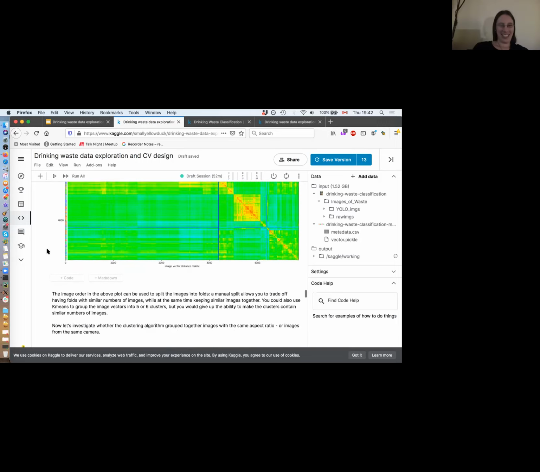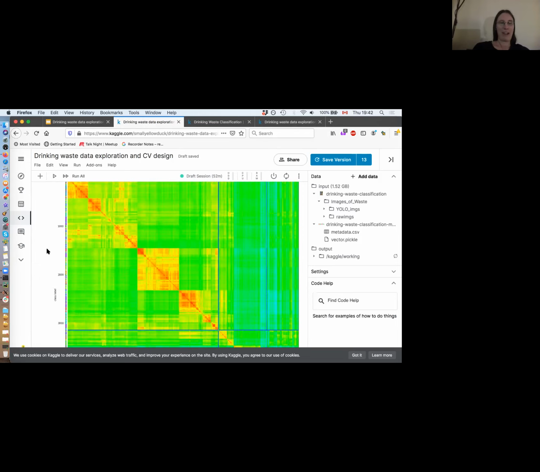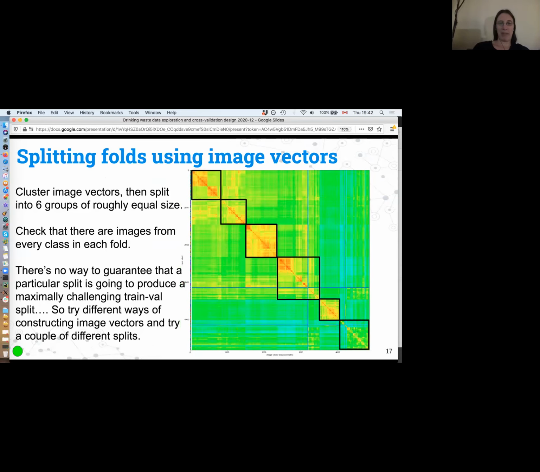All right. The cool thing is, if you have a small enough data set, you could just generate this overlap or ordering, and then split it up into six more or less equally sized clusters.